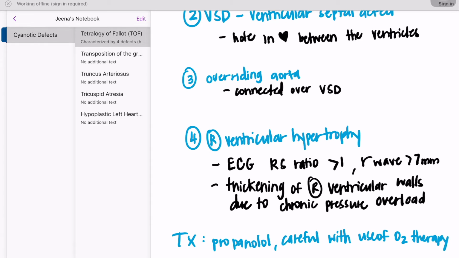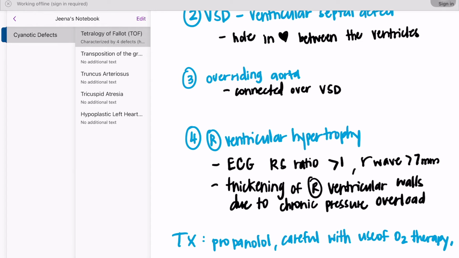Because they're going to be cyanotic, it's not like you're going to just give them 100% oxygen to compensate for the fact that they're going blue. It's never going to change. There is a defect in the heart. The only way to prevent them from going blue is to repair the defects.